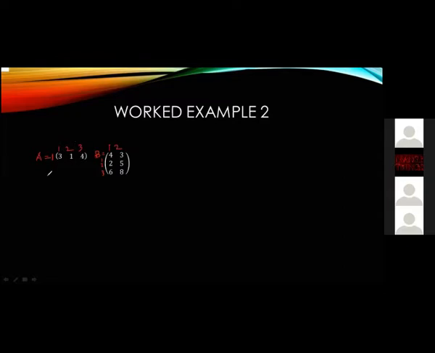So matrix A is a 1 by 3 matrix, and matrix B is a 3 by 2 matrix.